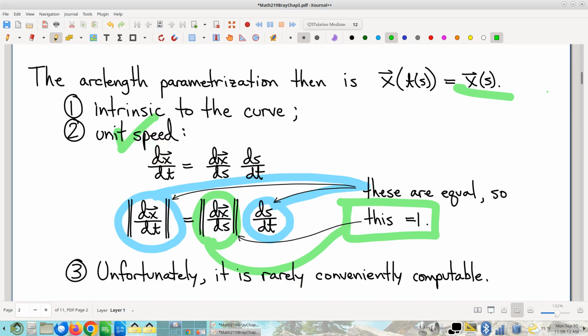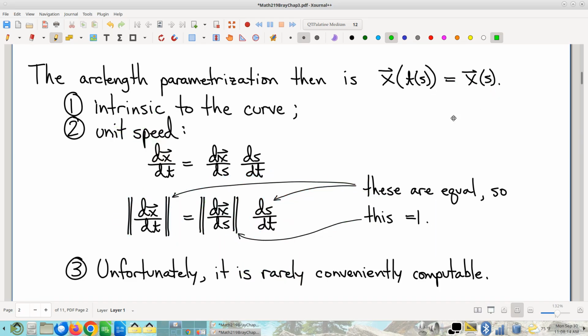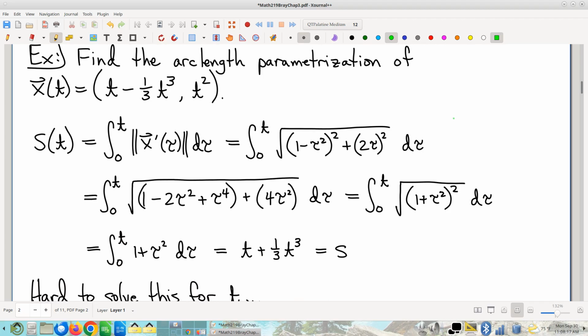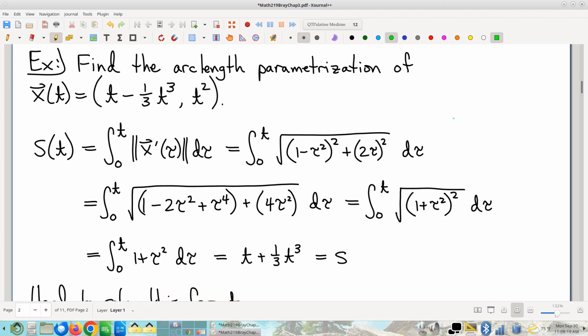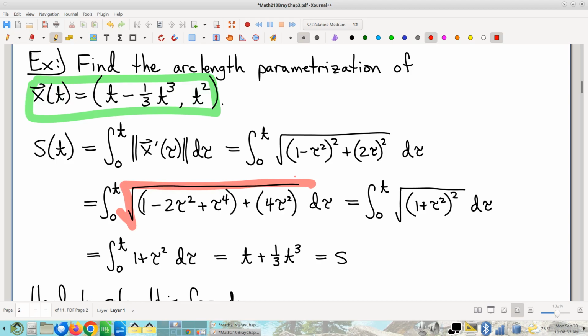Okay. So again, it's hard to compute because these integrals tend to be bears, and even if they aren't, and by the way, I've gone to some trouble here to find a parametric curve where the resulting square root down here, the thing we're all afraid of, the thing that makes these integrals stink, very cleverly turns into a perfect square.